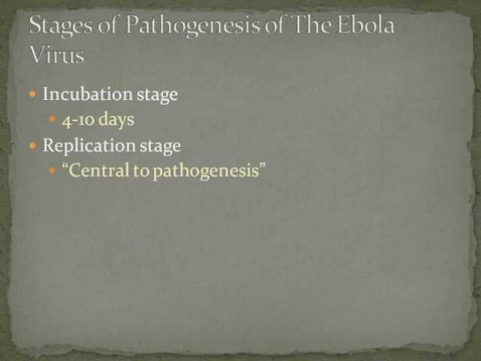Now, the next stage is the replication stage. This stage overlaps the incubation stage and the final stage, which is the terminal stage, that I will get to in a second.